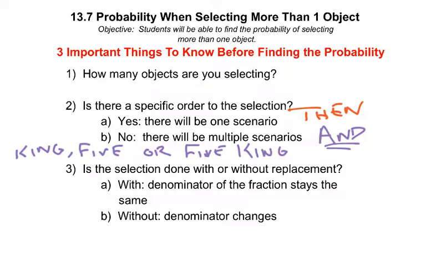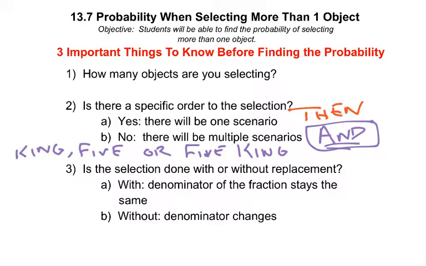All right, so the key word in this situation is "and," king and 5. So you just have to keep in mind that it can be a king 5, but it could also be a 5 king. Whereas the other one, it would be a king then a 5, where the king comes first, followed by the 5. So those are important pieces.